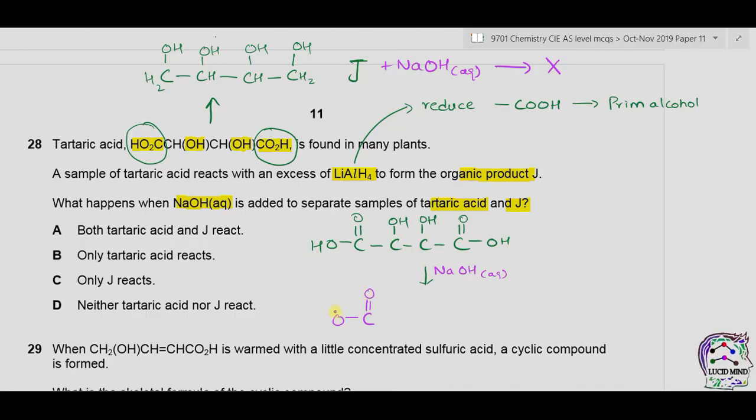So it will form the sodium salt of carboxylic acid on one end and again the sodium salt of carboxylic acid on the other end, and 2 water molecules will be formed. So we can see that tartaric acid can react with aqueous sodium hydroxide while J cannot react with aqueous sodium hydroxide. So A is incorrect, B is correct. The answer is therefore B.